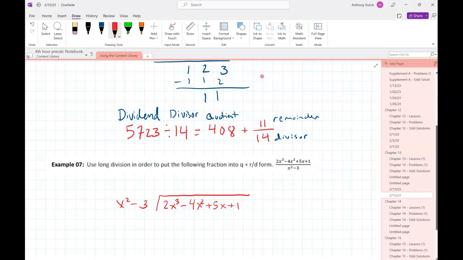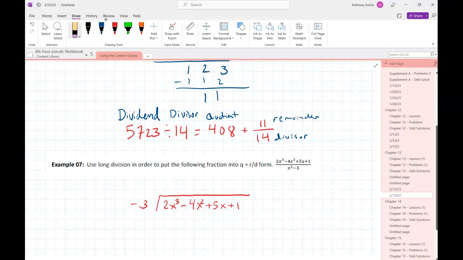Are we missing anything there? x squared and then minus 3. What are we missing there? We don't have any x term, right?